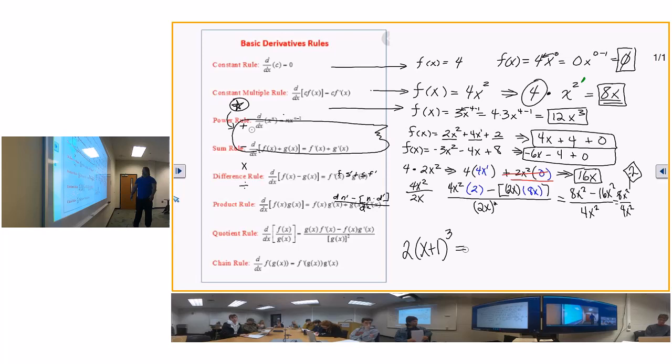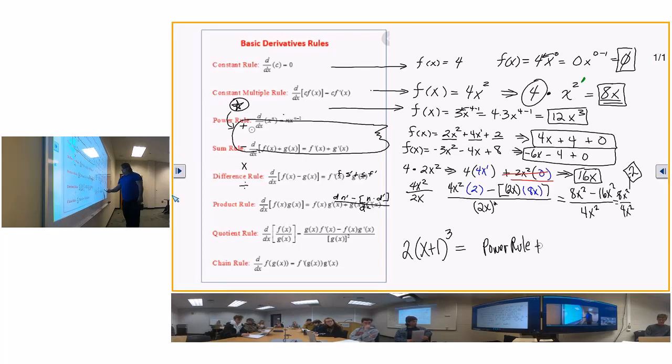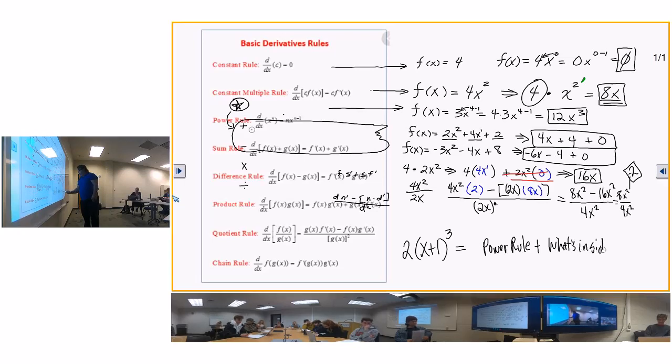I'm going to write down power rule plus what's inside prime. Okay? Power rule plus what's inside prime.